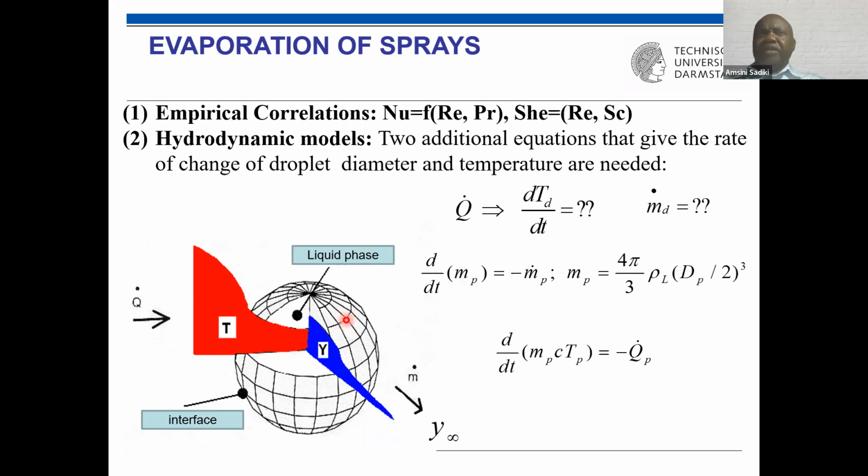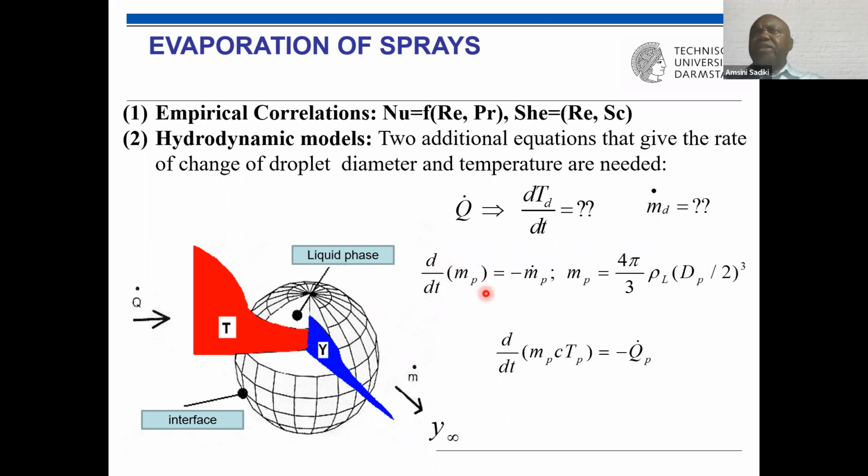So from this quantity of heat, we can deduce the variation of the temperature of our droplets, and we can also deduce the quantity of mass evaporated from our liquid. And this is exactly what I have written here.